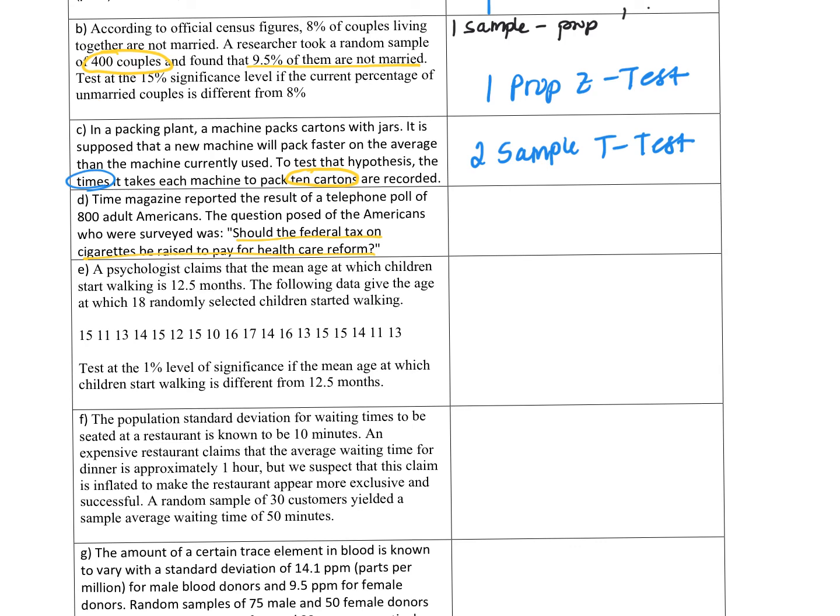This is a proportion, right? And we have 800 American adults, 1 sample. So this is also a 1 prop Z test.